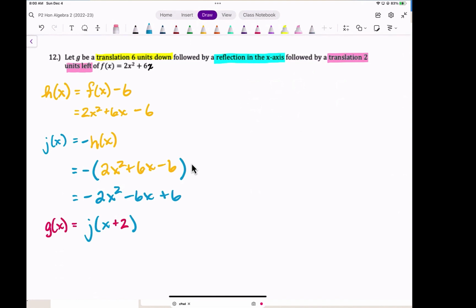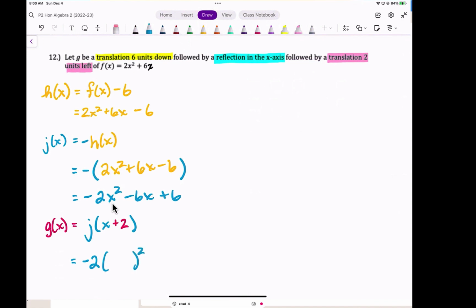So this time, what I need to do is copy j. So I'm going to be copying this line here. But whenever I get to an x, I need to replace that x with x plus 2. So what I do, and I strongly recommend you do as well, is I write the function out, and whenever I get to an x, I just put a parenthesis.